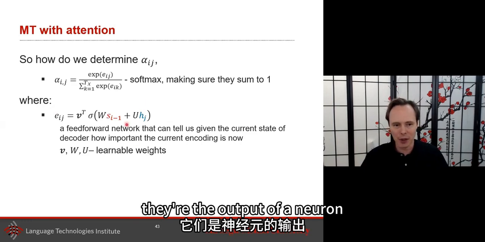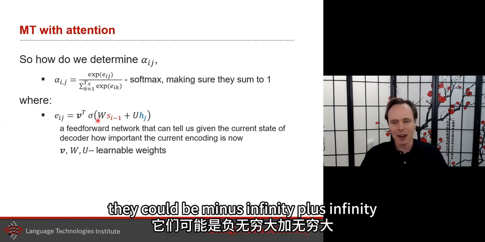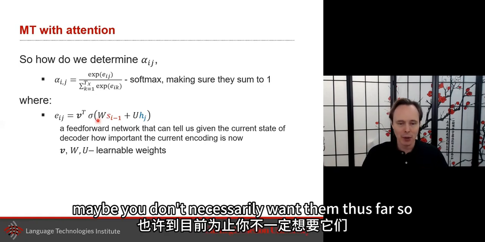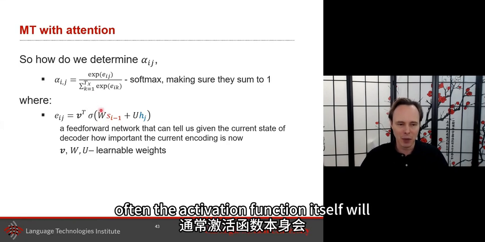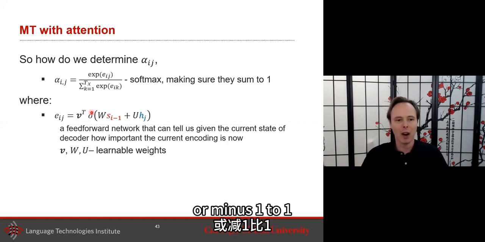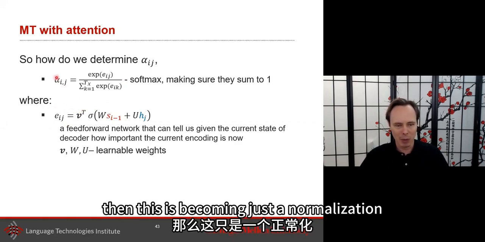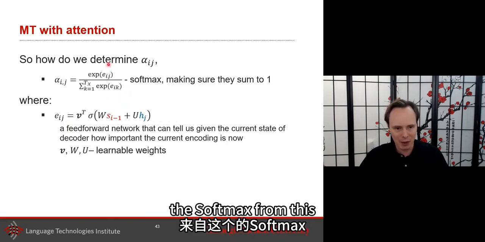They're the output of a neuron. So depending on the kind of activation function, they could be minus infinity, plus infinity. Maybe you don't necessarily want them that far. So often the activation function itself will either be 0 to 1 or minus 1 to 1, but often just 0 to 1. And so then this becomes just a normalization, the softmax from this.